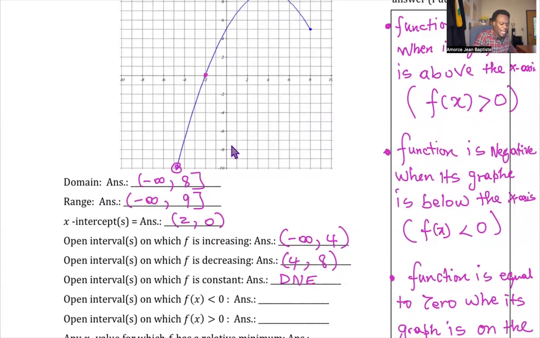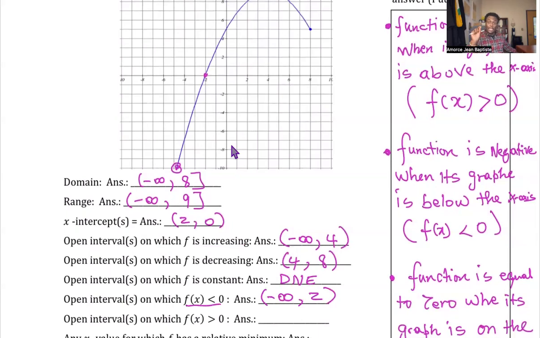Now let's identify the interval for which this graph is positive. Well, positive means what? Above the x-axis. Well, I see that it's below the x-axis for all the x values from negative infinity to 2, because 2 is the transition from being below to above.